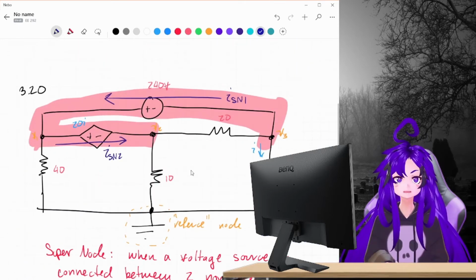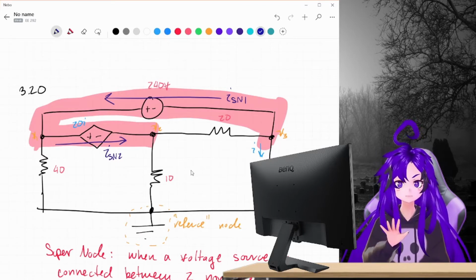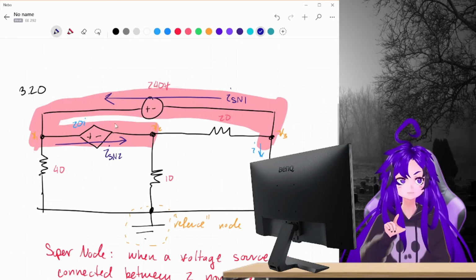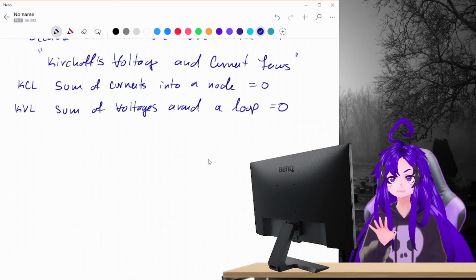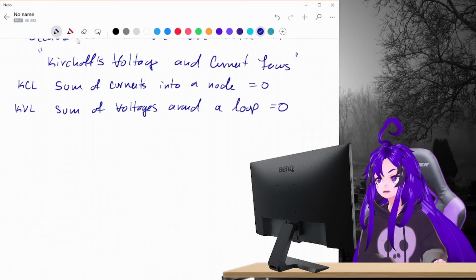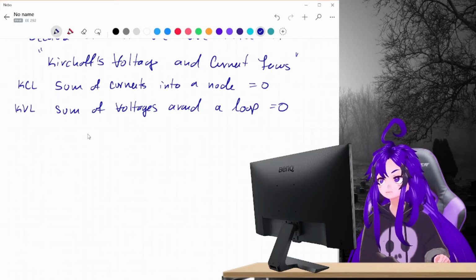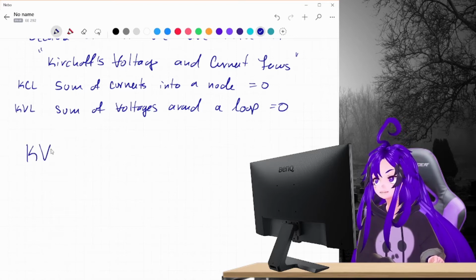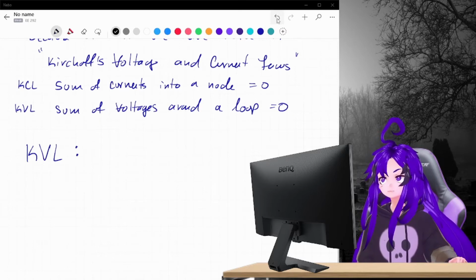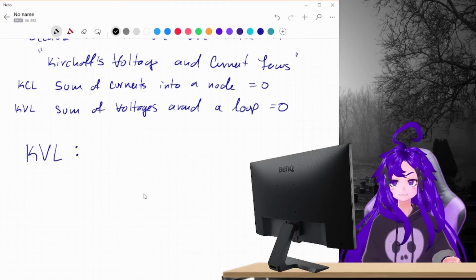So what we're going to do is redraw the circuit when we apply both of them, because different things happen when we apply them to the supernode. First, the voltage loop law, KVL. We're going to ghost out the rest of the circuit and just look at the supernode.